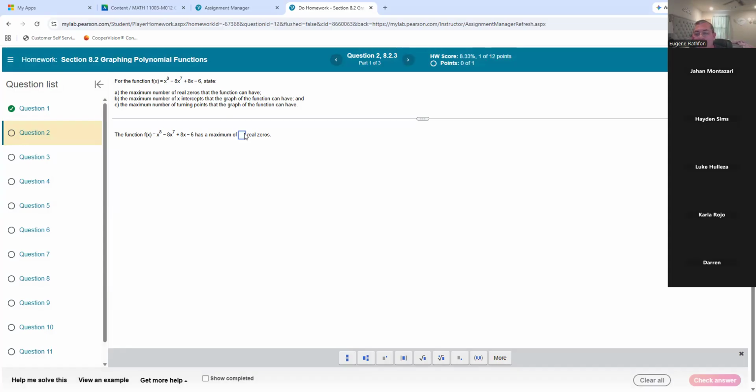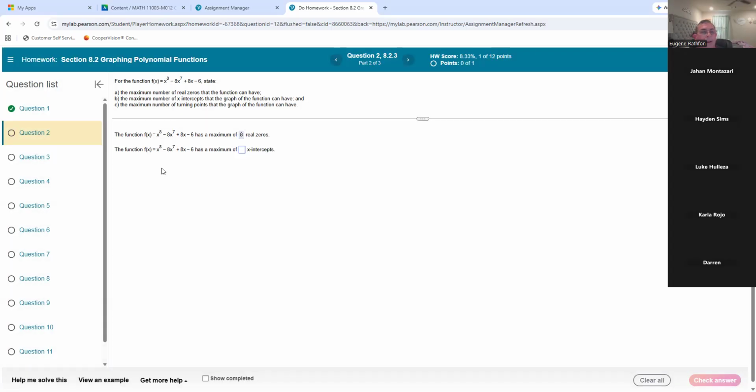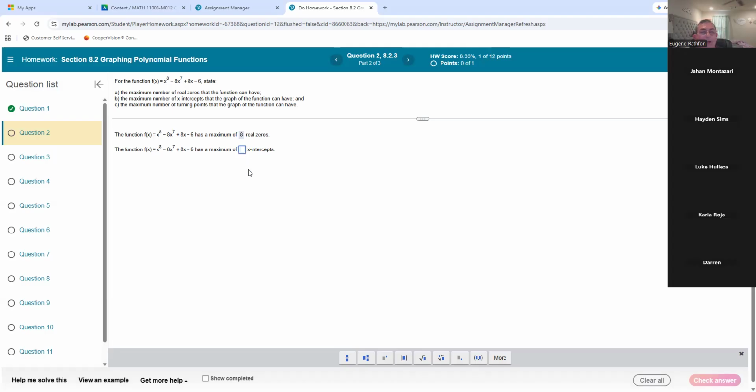What is the maximum number of real zeros for this problem? All right, good job. That will be 8. So we'll put an 8 in there and check that answer. All right, keep it going. What's the maximum number of x-intercepts?